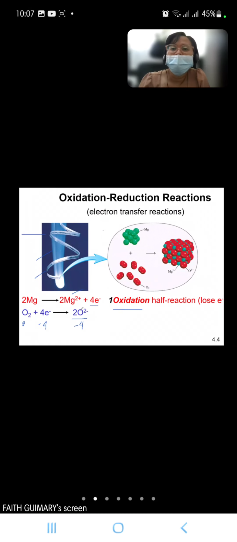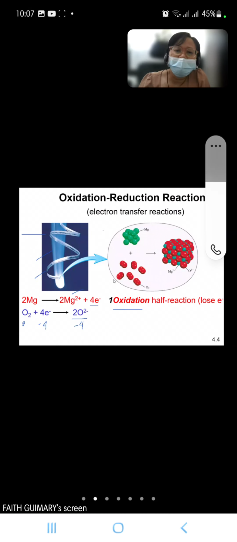So this is 0 and this is negative 4. So this is balanced. What is the negative 4? This is 4 times the charge of an electron, which is negative 1, so negative 4. Here, 2 moles of oxygen with a charge of negative 2, so 2 times negative 2 is negative 4.